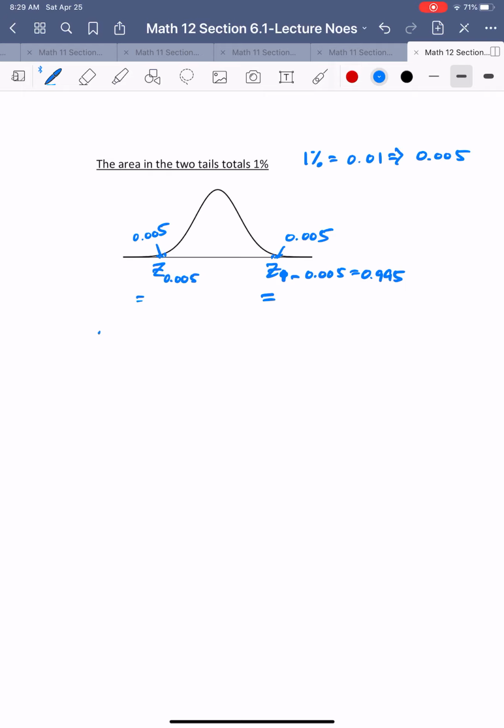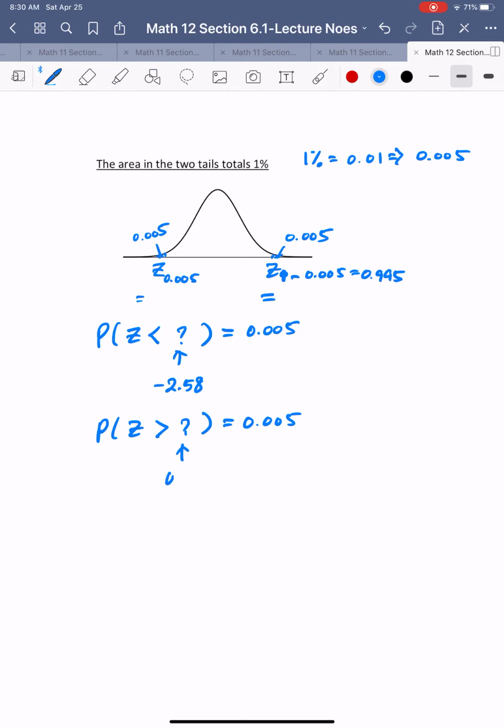So the probability of the z-score less than is going to be 0.005. So this is the area, and when you look for that, the number is negative 2.58. And on the other side, P of z greater than one number is going to be 0.005. And the other number is going to be the positive 2.58. Okay, so almost 3.